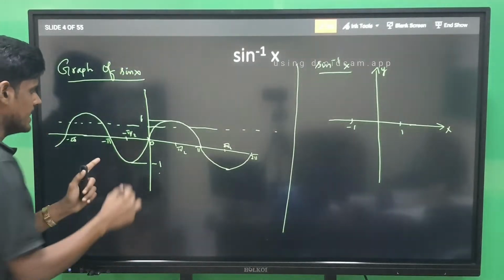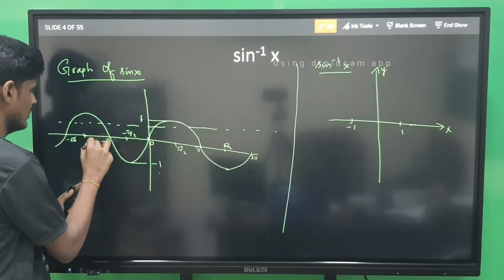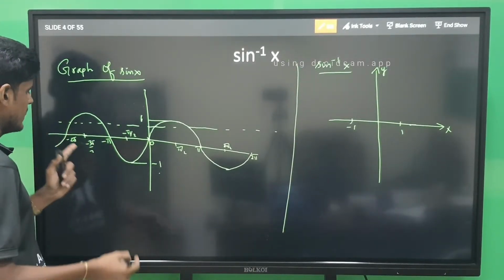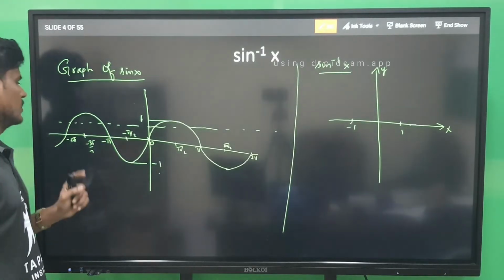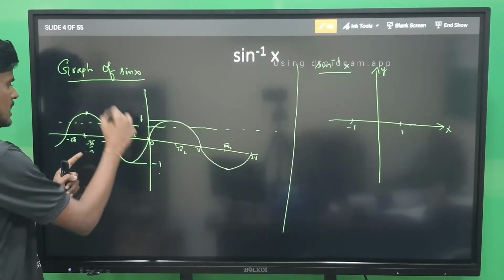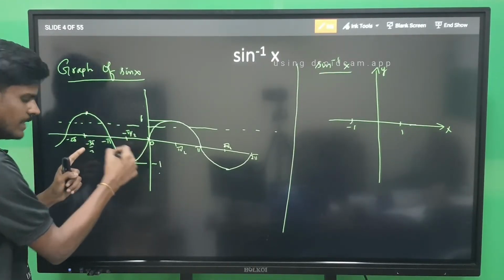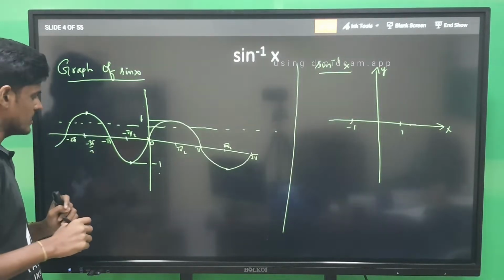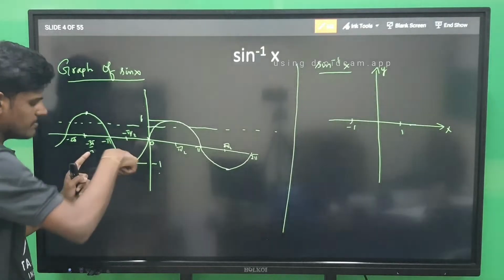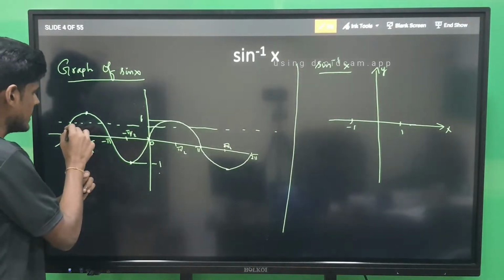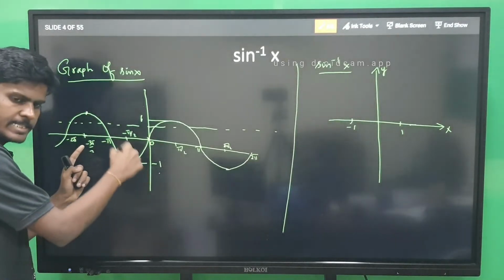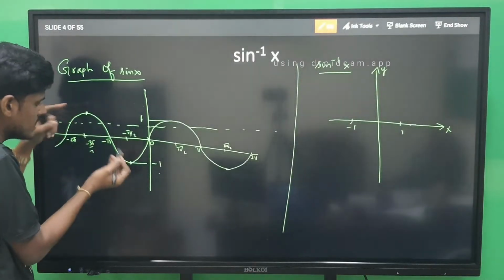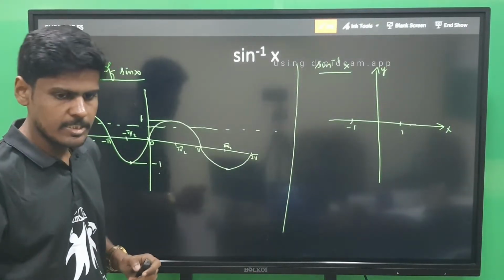If we consider any interval, say minus 3 pi by 2 to minus pi by 2, it covers all the values, that is from 1 to minus 1. This function becomes one-to-one because when we draw a horizontal line, it will intersect at exactly one point, and range and codomain are the same for this function.